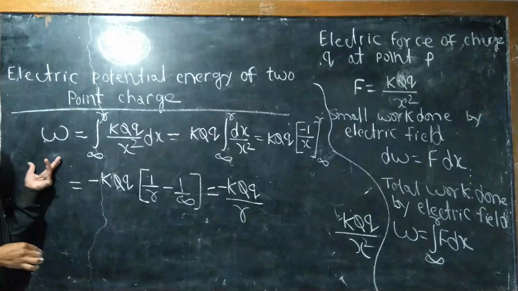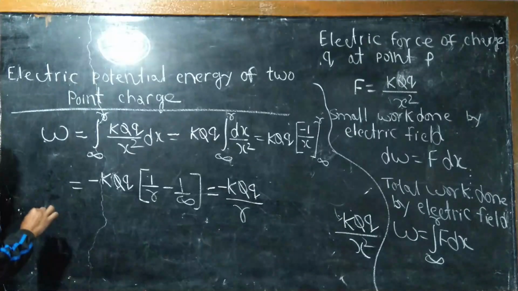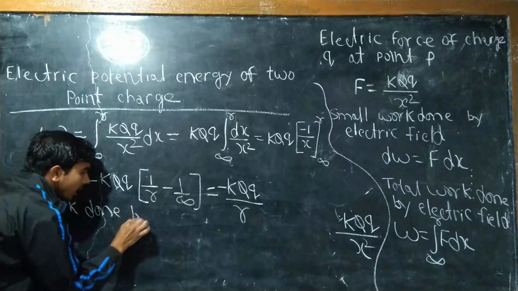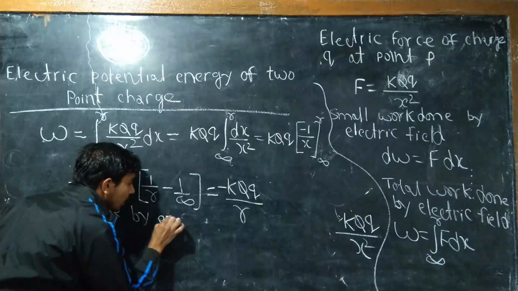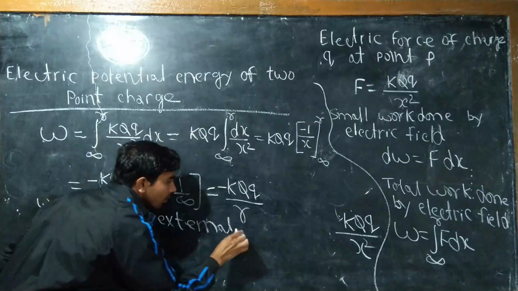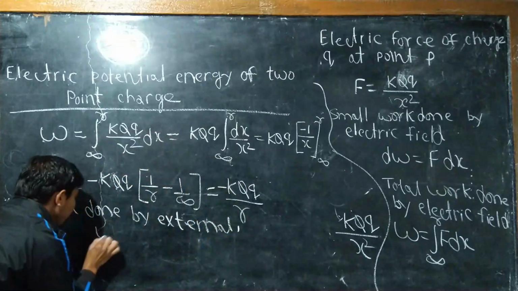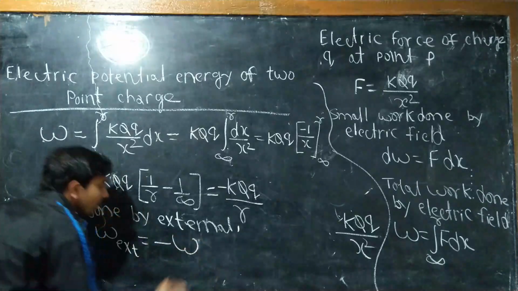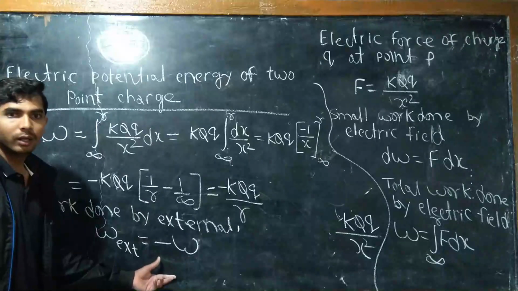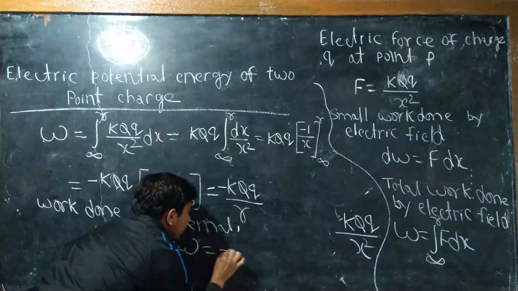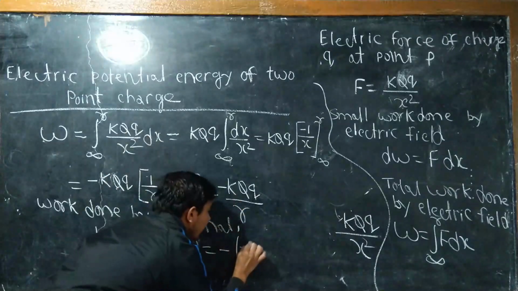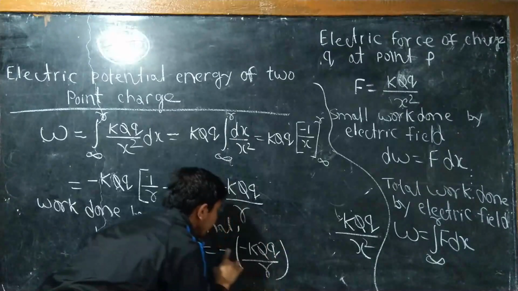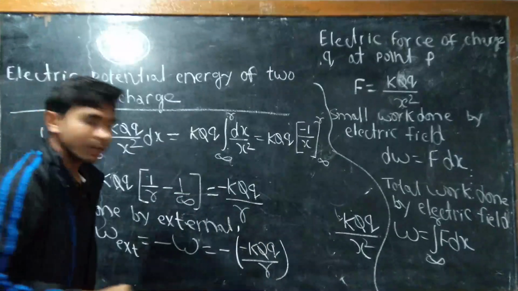Now the work done by the external agent is equal to minus of the work done by the electric field, and minus of minus KQ by R becomes plus.